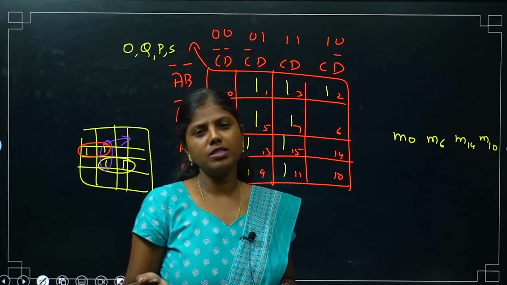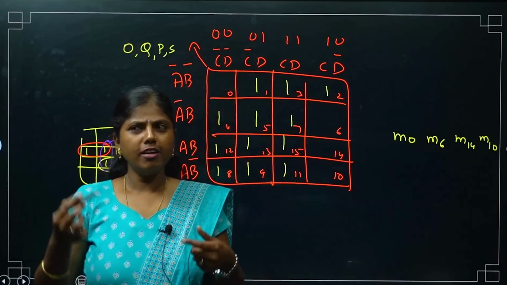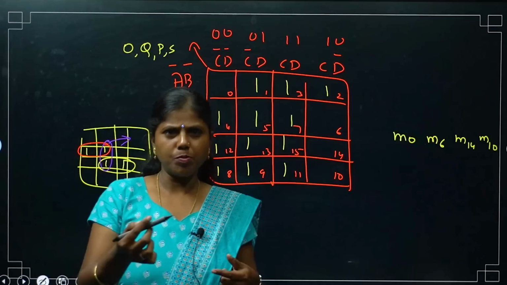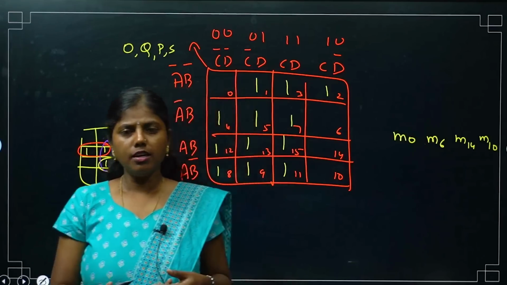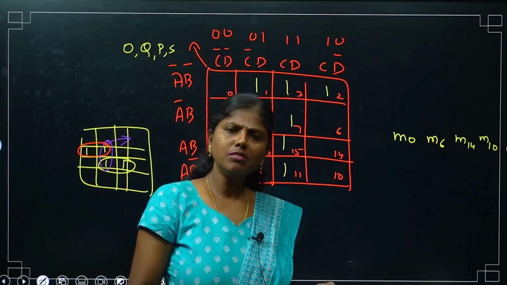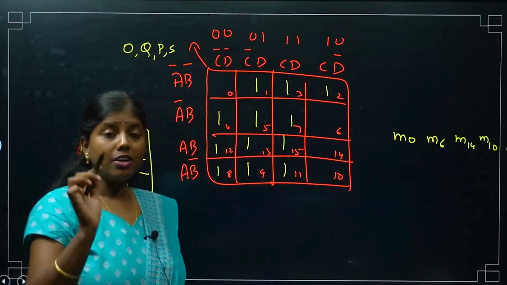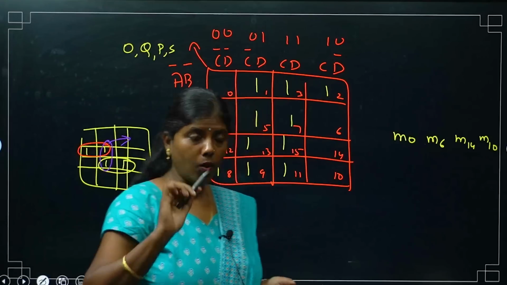What is a K-map, students? A K-map is basically a pictorial representation for reducing the Boolean expression diagrammatically. But if you have an extra term, then what is the use? Redundancy should be avoided.